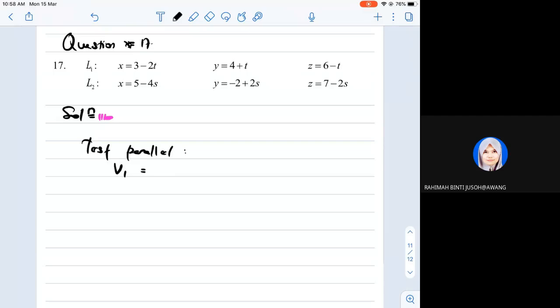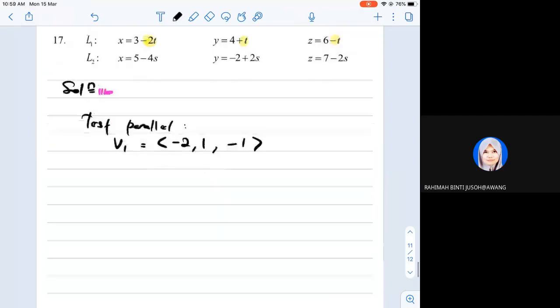Which one is the parallel vector of the first line? Here we have negative 2, here we have 1, and right here we have negative 1. So that's the parallel vector of the first line.